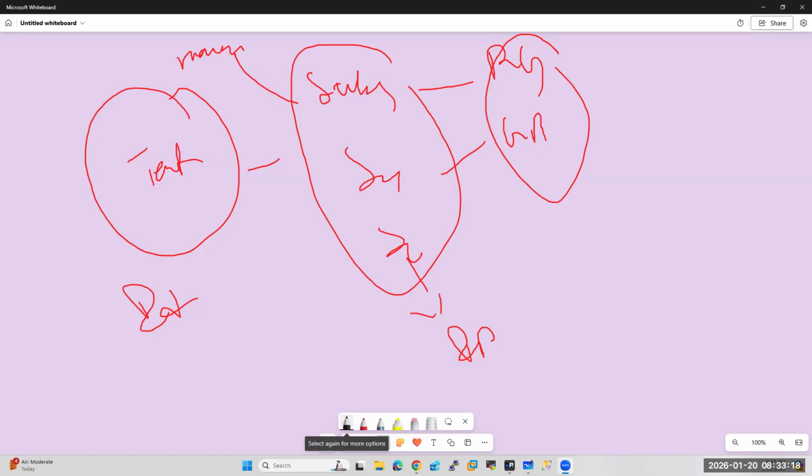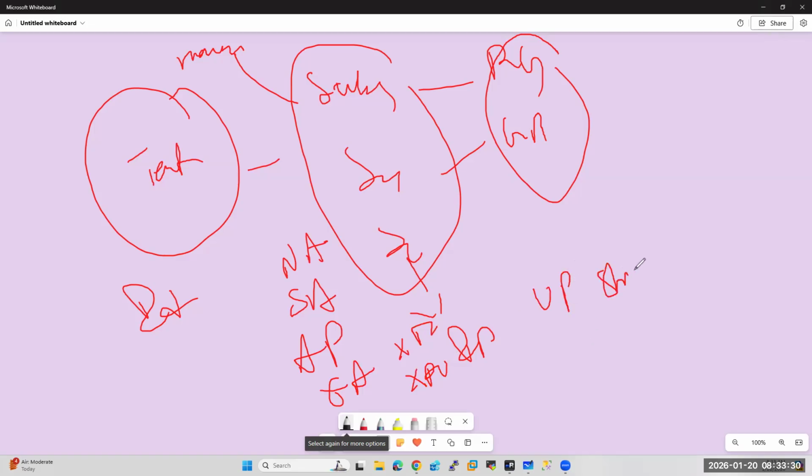But if I have multiple domains, like SA domain, AP domain, EA domain, XTO, XPO, upstream, downstream, these many domains mean these many Active Directories, right? Yes, we can create multiple domains.